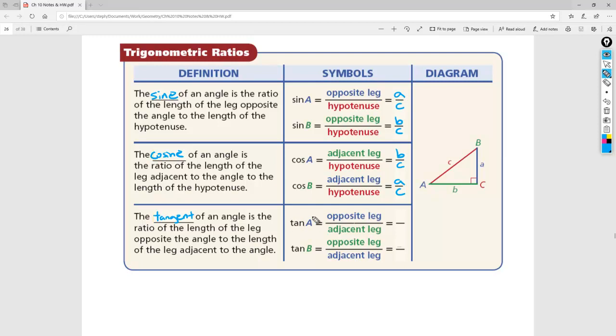Okay, so if I'm finding tangent of A, then my opposite leg is A. My adjacent leg is B. Okay, now if we are finding tangent of angle B, then my opposite leg is B, and my adjacent leg is going to be A. Alright, that is all of our definitions.